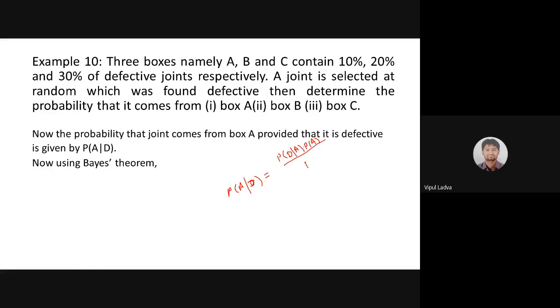In each and every case, the denominator will be P of D. Sure, this will be the formula of Bayes theorem.